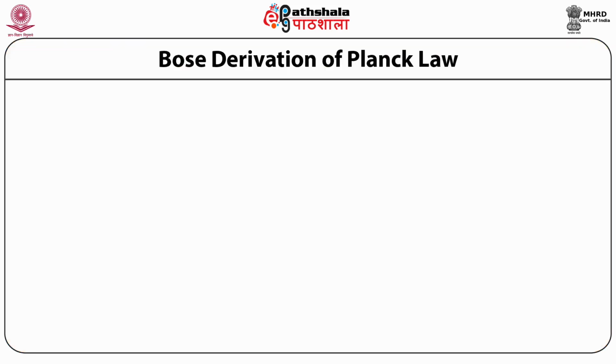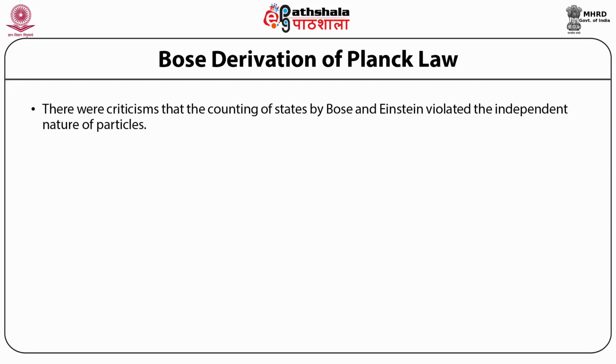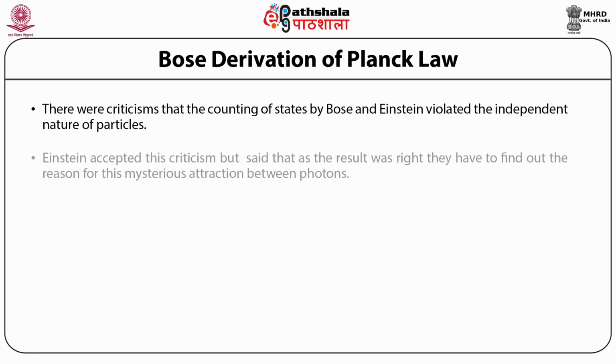We have also discussed the derivation of Planck's law by Satyendra Nath Bose, S.N. Bose. There was criticism that the counting of states by Bose and Einstein violated the independent nature of particles. Einstein accepted this criticism, but said that the result was anyway right, and they have to find out the reason for the mysterious attraction between the photons.